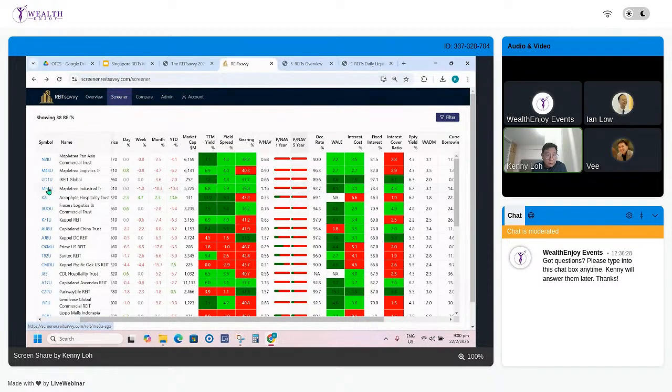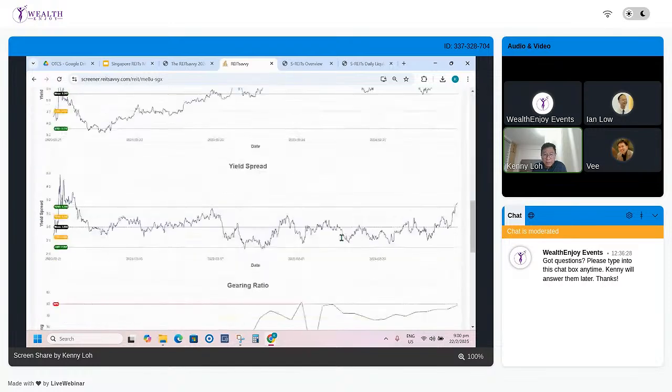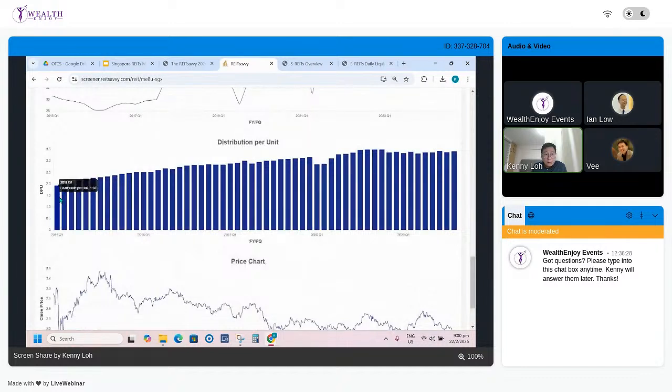If you look at the historical price to book for Mapletree Industrial Trust itself, you can probably see some very interesting observations. Okay, this is the historical distribution per unit. All right, as an investor, we always look for a REIT which has growth in DPU year over year and quarter over quarter.